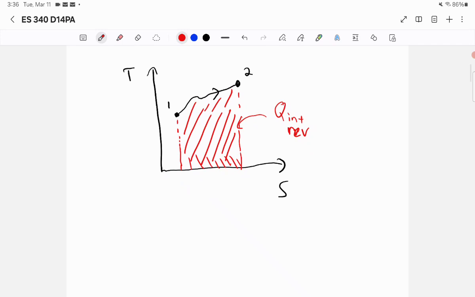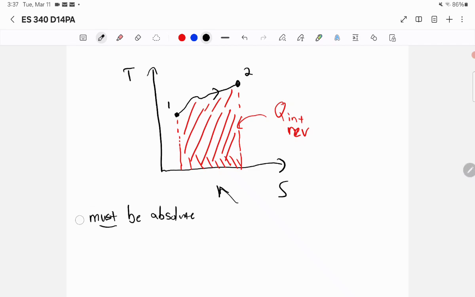Now, a thing to note is that T must, as usual, be absolute, right? Because otherwise we could get area underneath the S equal to 0 curve here, or the T equal to 0 curve here, which would not be good, and would not help us compute the heat transfer.